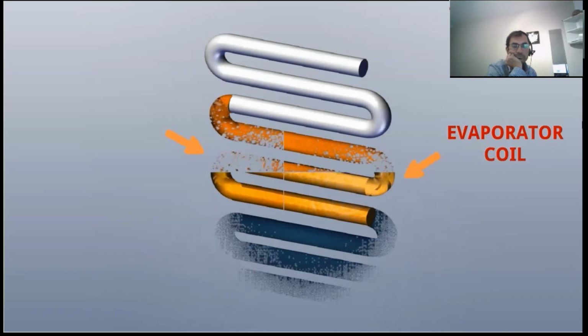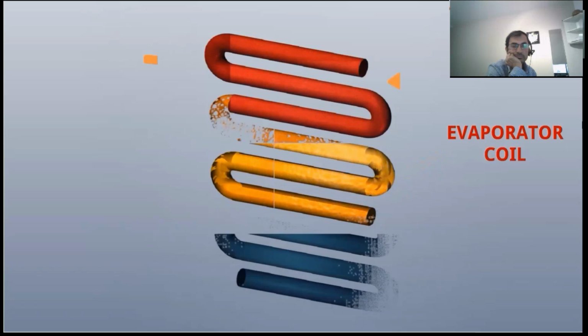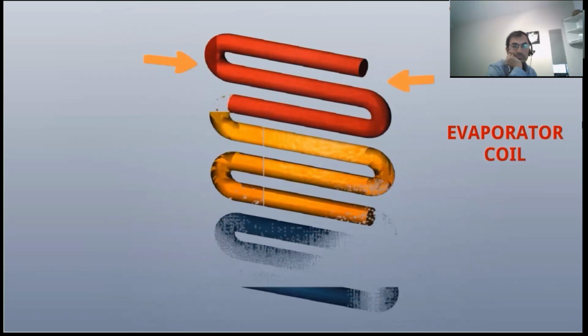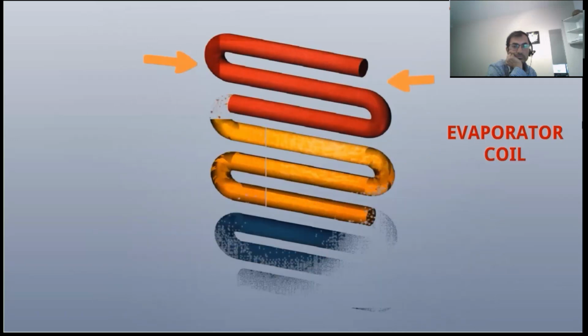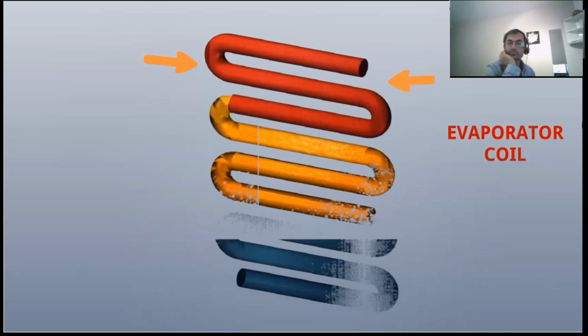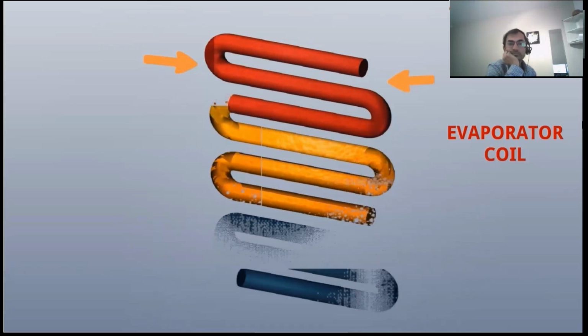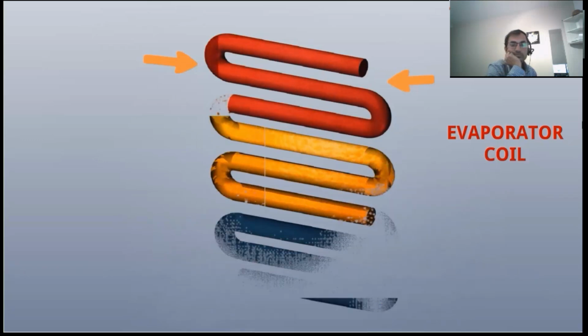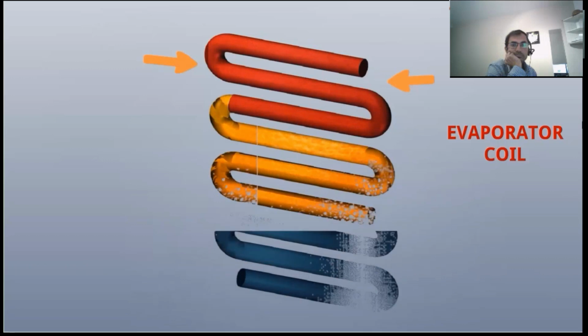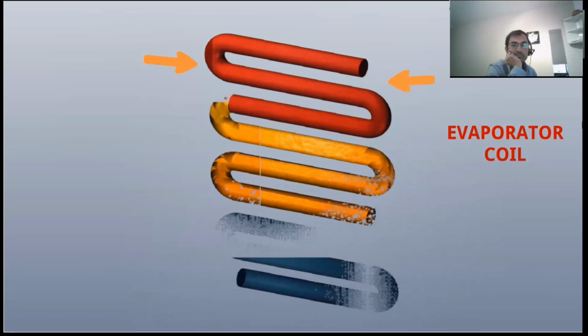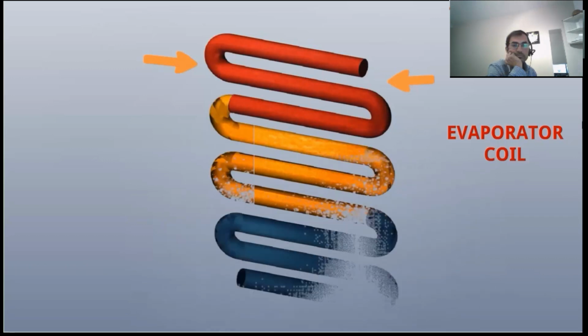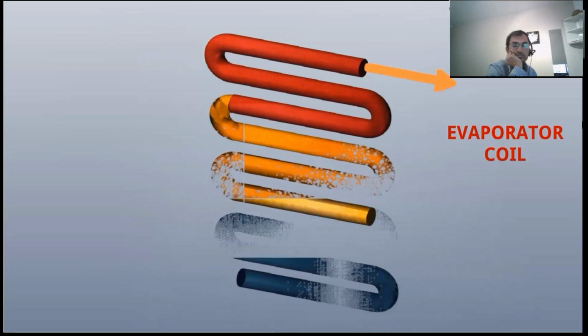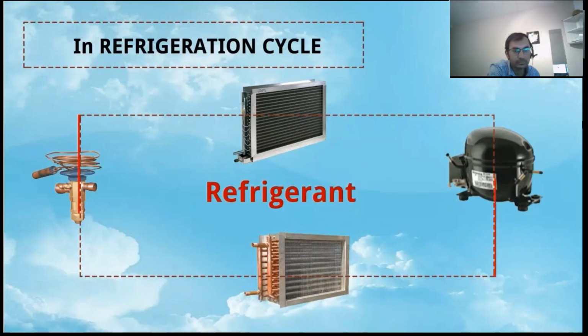After that it takes more heat and finally it becomes refrigerant vapor, and by taking heat it becomes saturated vapor, and again taking heat it becomes slightly superheated vapor, and it leaves the evaporator coil. So in the refrigeration cycle we have learned the basic concept about the evaporator.